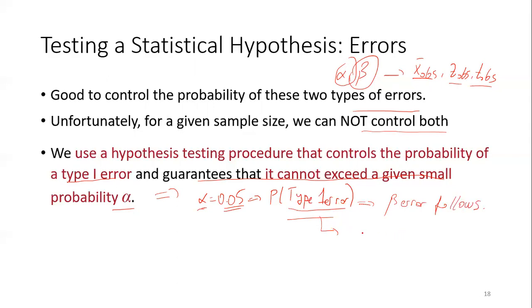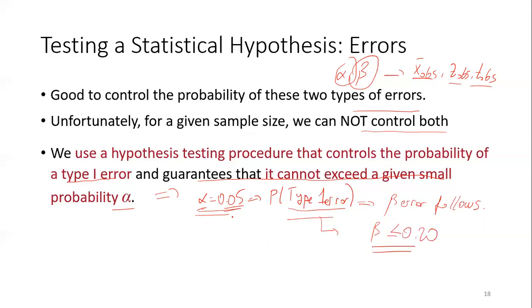In general, you want alpha, the type 1 error, to be equal to this value, and you say that you want beta to be, for example, less than 0.20.